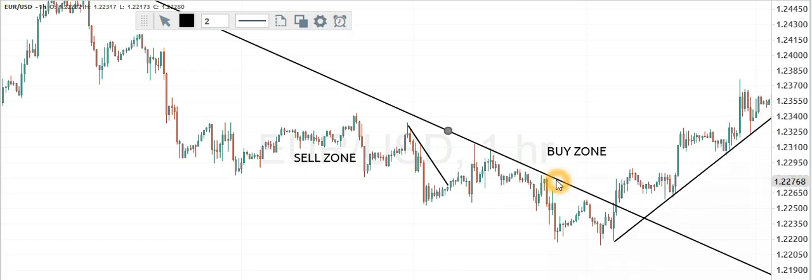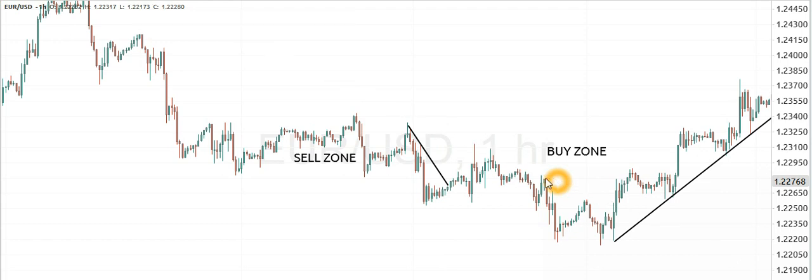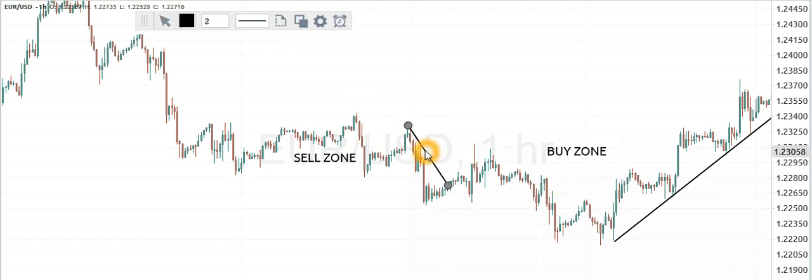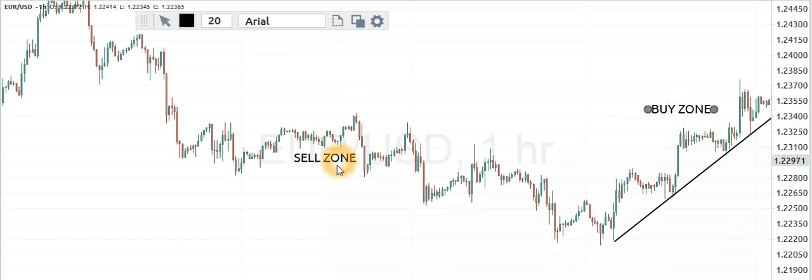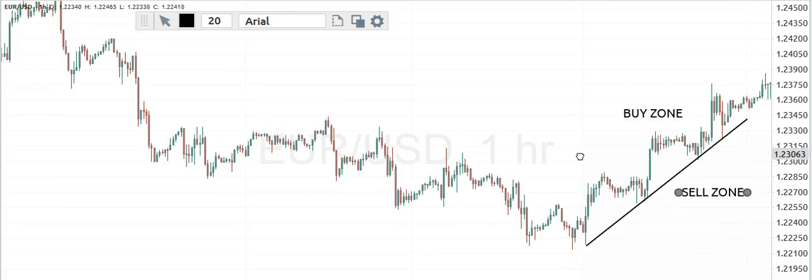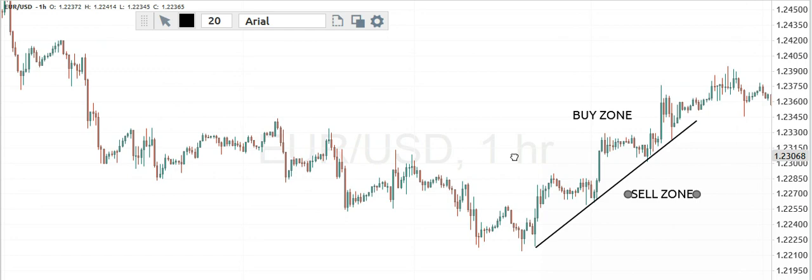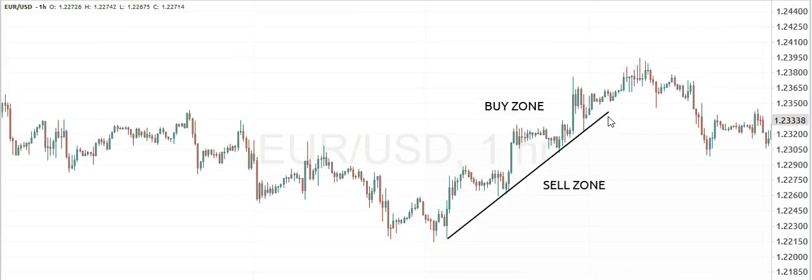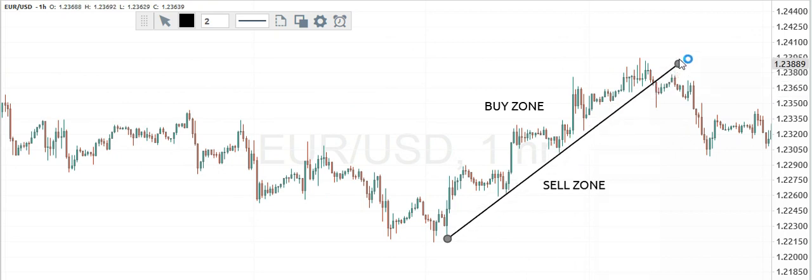Right, so we no longer would have monitored this downward movement, and this now would be my buy zone, and this now would be my sell zone. And as long as the market remains in the buy zone, our focus will be on buying. Okay, and then when it crosses into the sell zone, our focus is on selling.